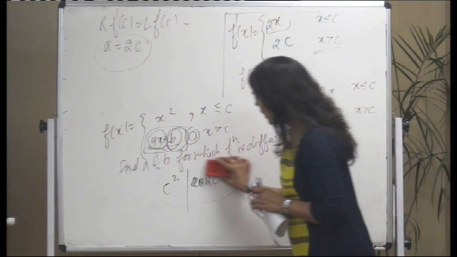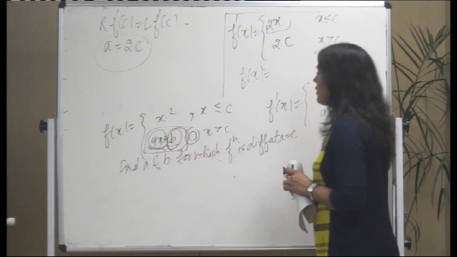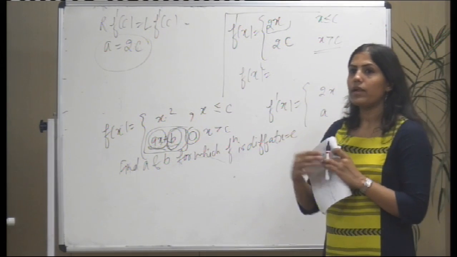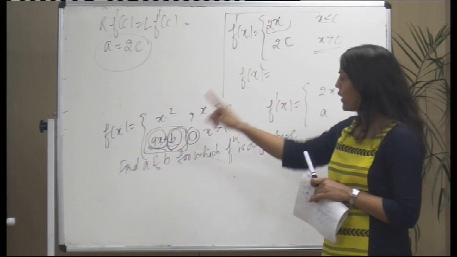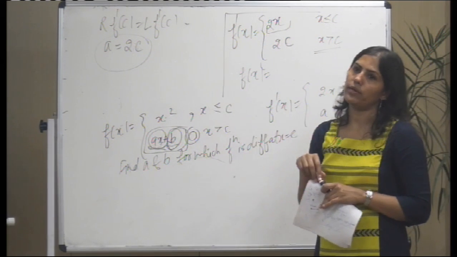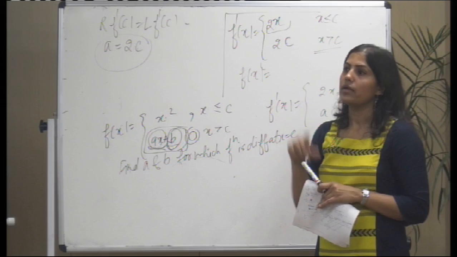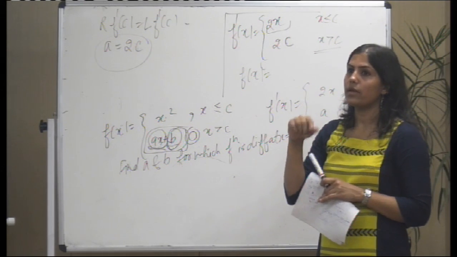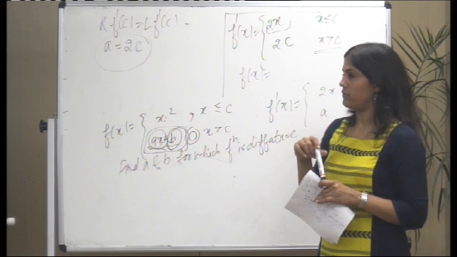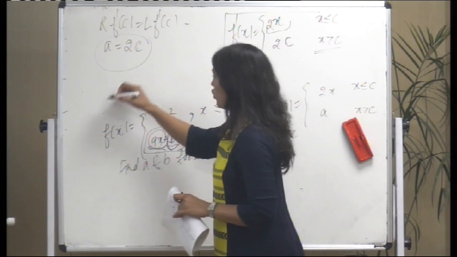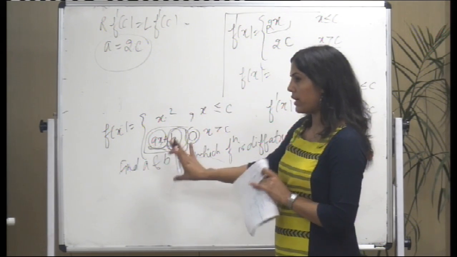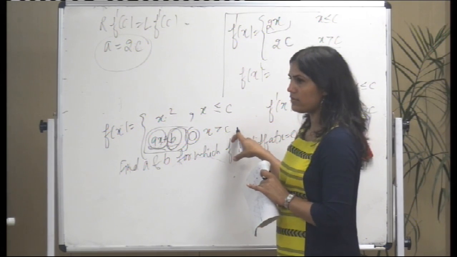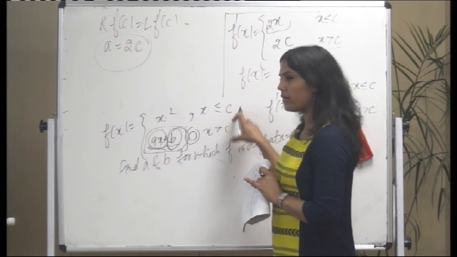Because only one condition you got to know, every differentiable function is continuous. So now to find out b value I will apply that property. Every differentiable function is continuous, so continuity at c will exist, function will be continuous at x equal to c.